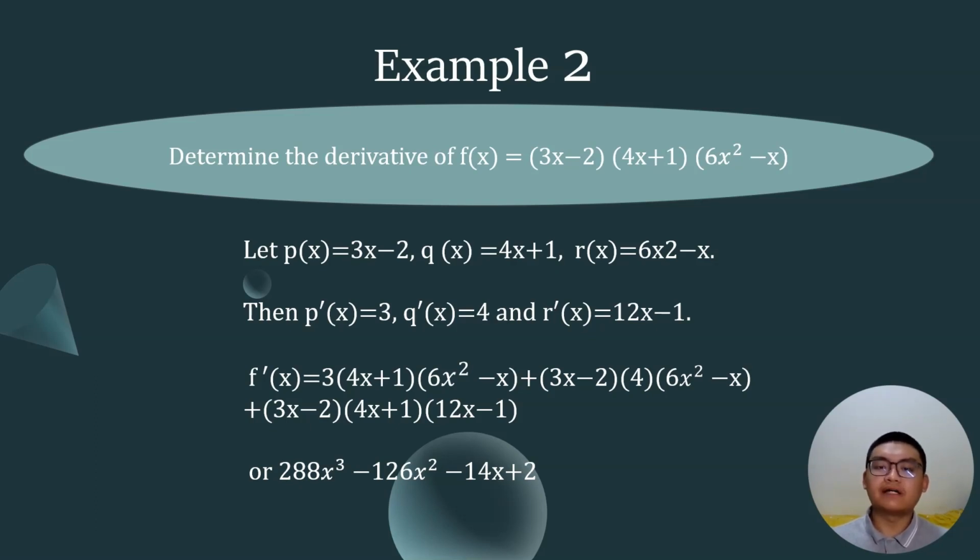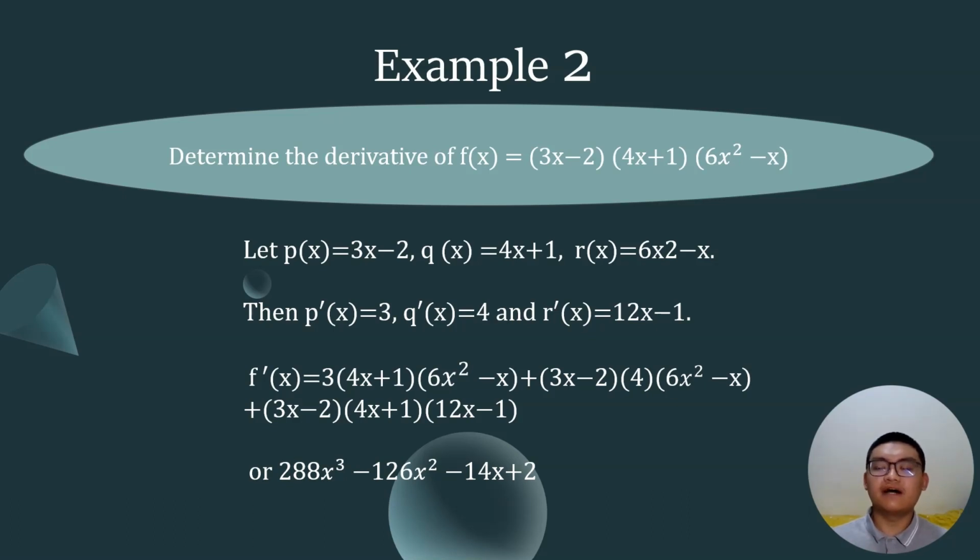Let's define each part. Let p of x be 3x minus 2, q of x be 4x plus 1, and r of x be 6x squared minus x. According to the product rule, to find the derivative of f of x, which is p of x times q of x times r of x, we need to take the derivative of each part individually and then use them in our formula.